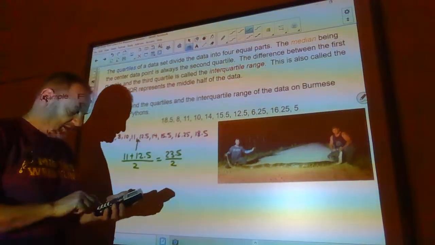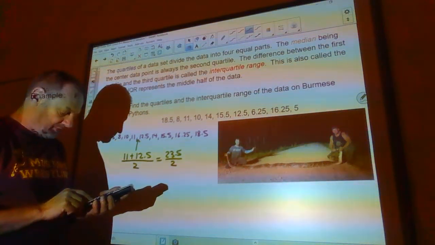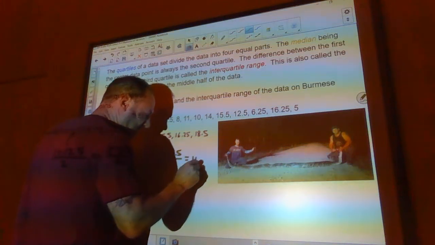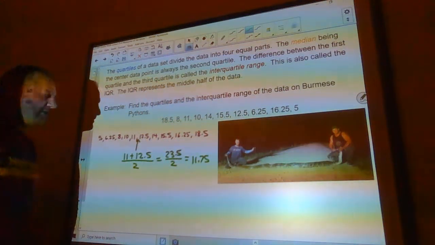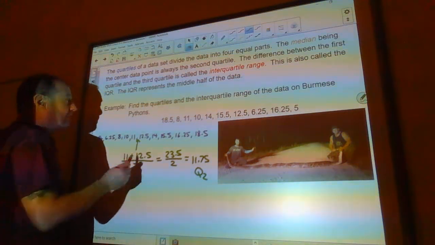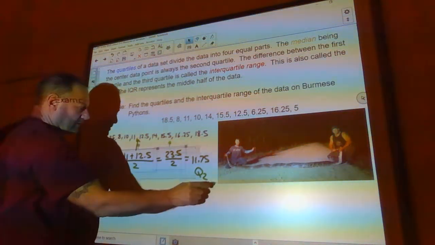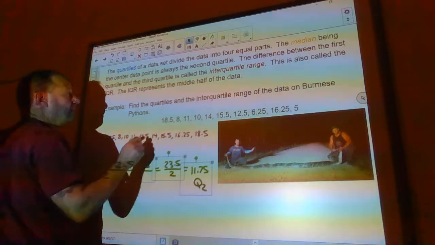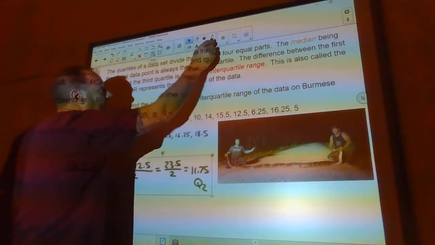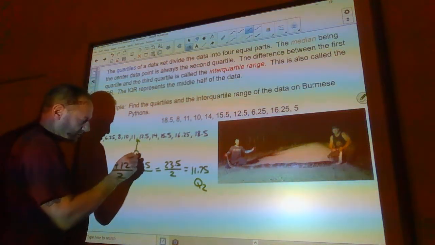Since it's late and I'm brain dead right now, 23.5 divided by 2 is going to be 11.75. Okay, so there's Q2, and that's going to go right here.